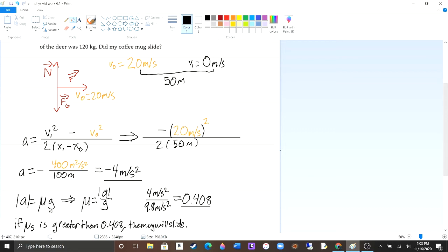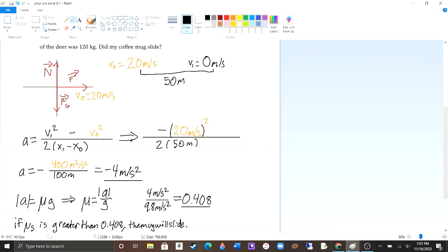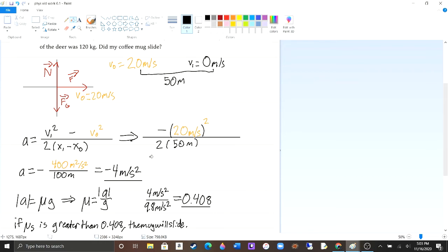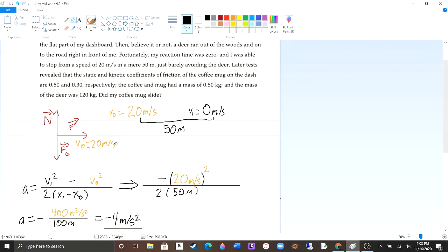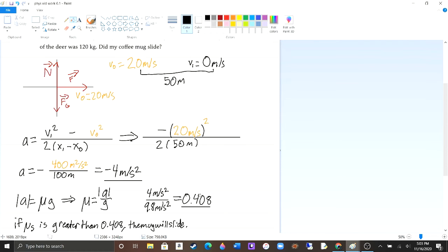And that is this coefficient of friction. If it is more than our static friction, and we're looking at static friction because the mug is not already moving, if it's more than the coefficient for static friction of the mug, we know that the mug is going to slide, and if it's less, it will not slide.